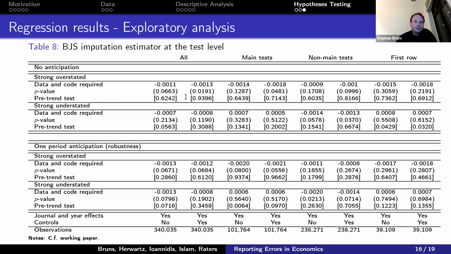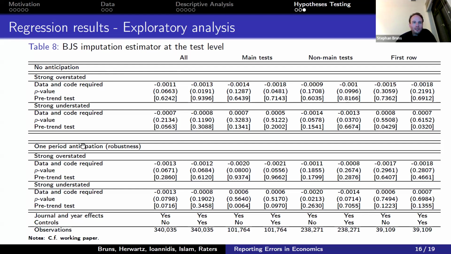And we can see that the test is not significant. This is what we want, because it tells us there is no indication that the trends are different. So this suggests a causal effect of data and code policy on the prevalence of strong overstated reporting errors. And we find a similar direction for strong understated reporting errors, but it's not significant.